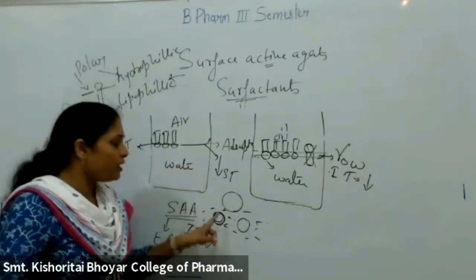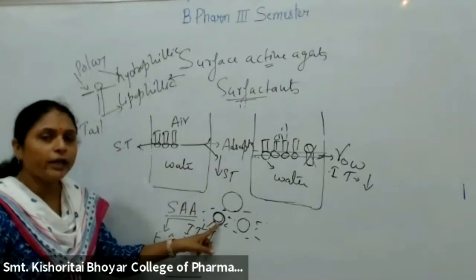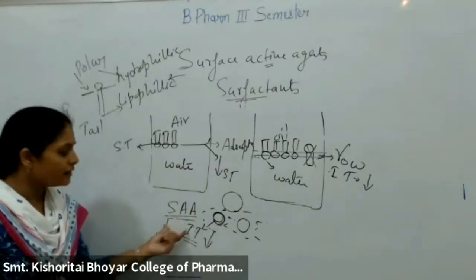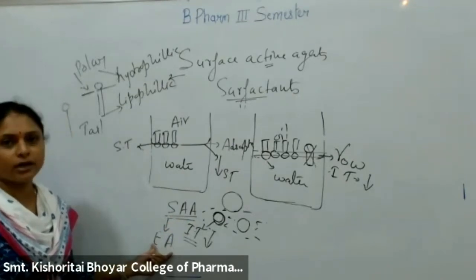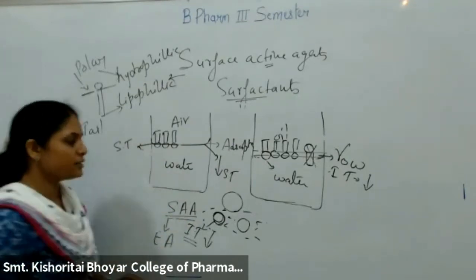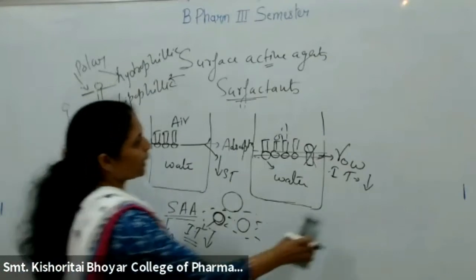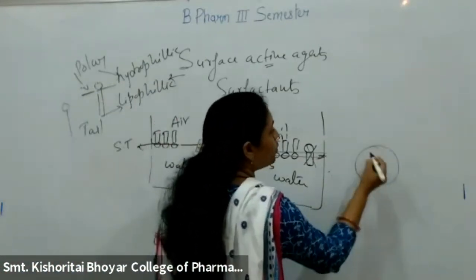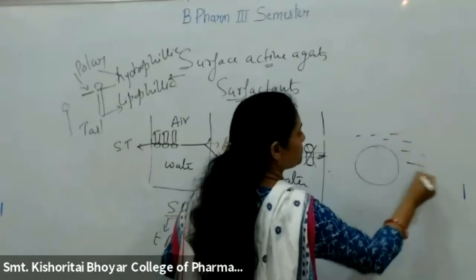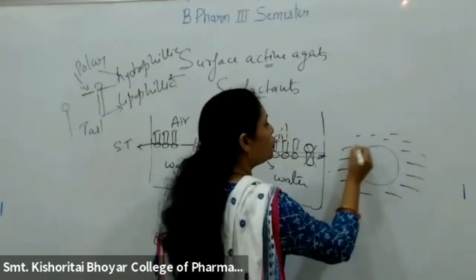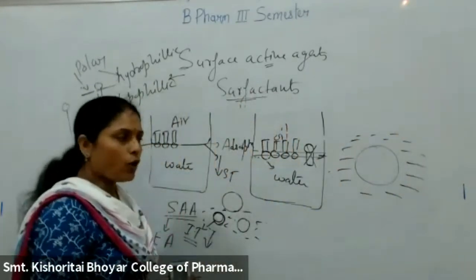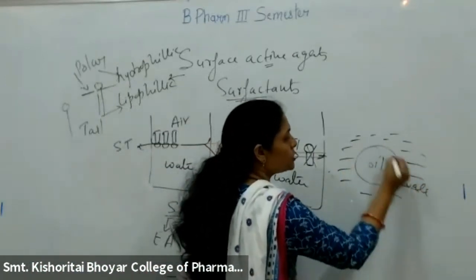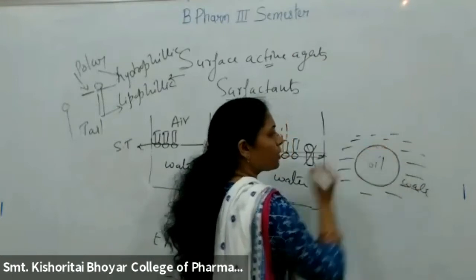So to make an emulsion, to disperse oil in water, surface active agents are required and they will perform a function as emulsifying agent. When we add this, suppose it is an oil globule which is dispersed in water, in an emulsion, so this is oil and this is water, and this is the boundary between these two.